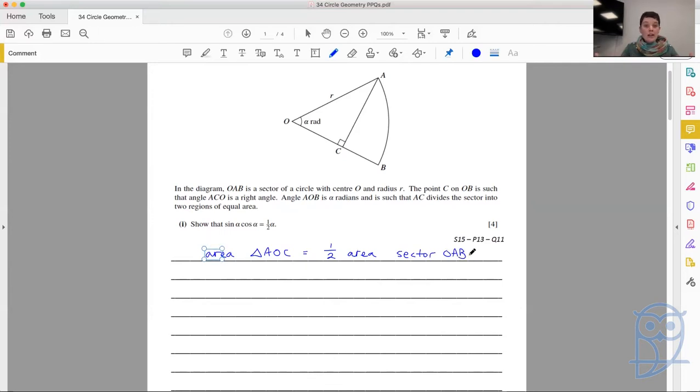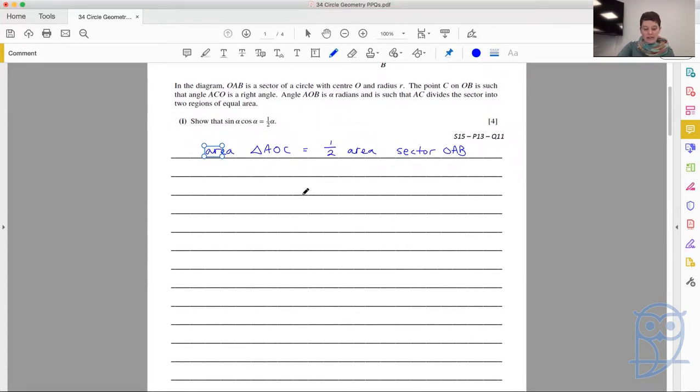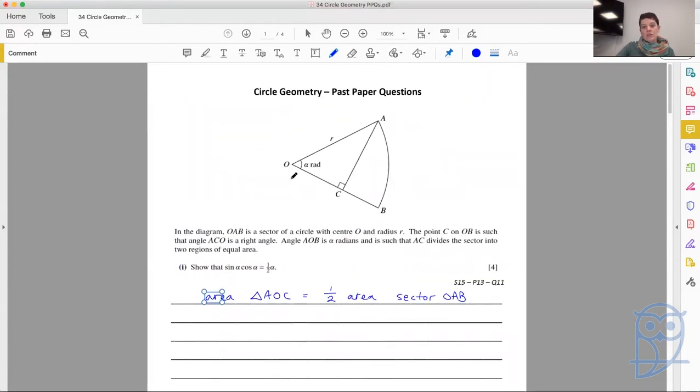So if we can then come up with two area formulas, we can equate them and we can then, in theory, show that sine alpha cos alpha equals half alpha. So area of triangle AOC. We have a beautiful right angle triangle, so we can just use our basic and straightforward half base times height. But we have neither the base nor the height. So how are we going to do that?